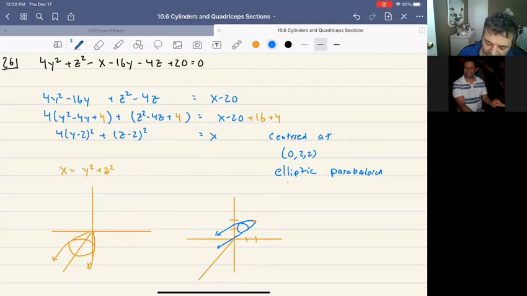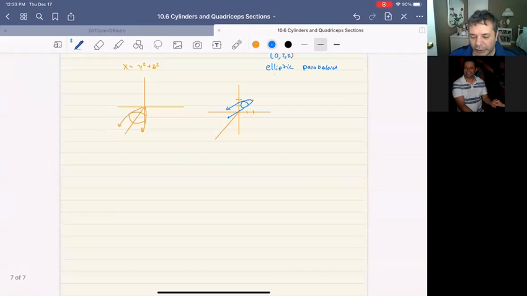All right, let's do one more. Let's take x squared plus 4z squared plus 4 equals y squared.